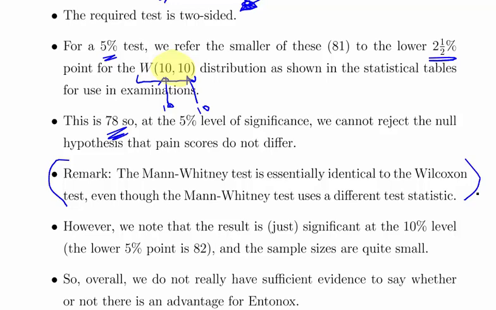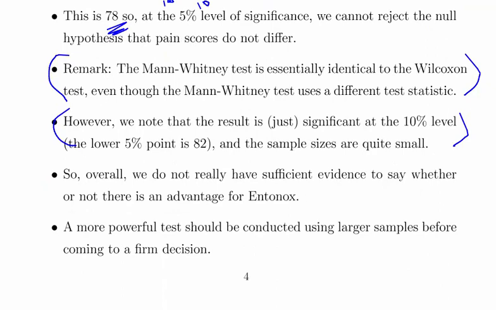Using a 10% level, which is looking at the other tables, is just a remark, and I'm going to disregard that. Overall, we do not have enough evidence to say whether or not there's an advantage for Ethinox, so use a larger sample size.